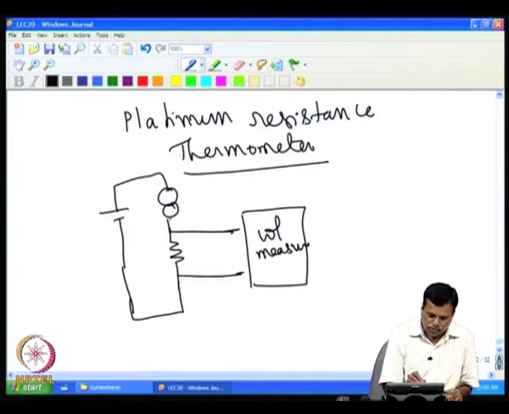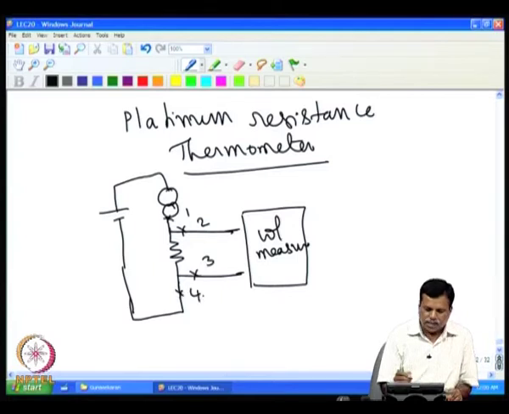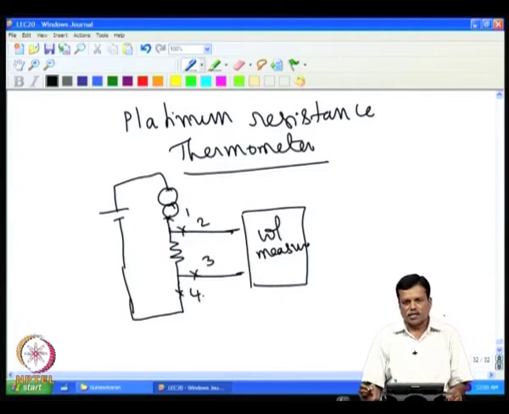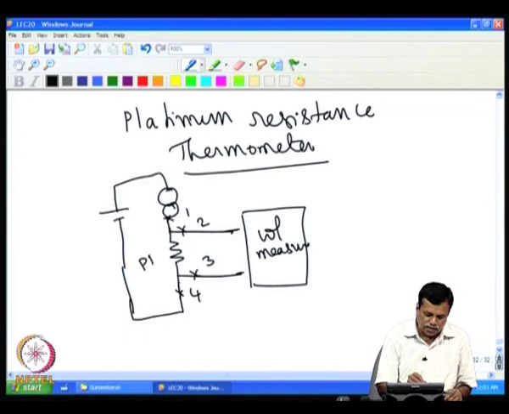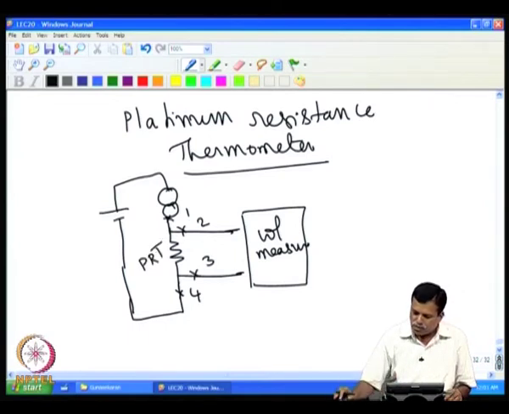Essentially you have 4 leads, that is one current lead, second is a voltage lead, third is a voltage lead and then fourth is a current lead. So, the 4-wire technique we use to measure the temperature and this is the PRT, platinum resistance thermometer. As I said we use two methods.